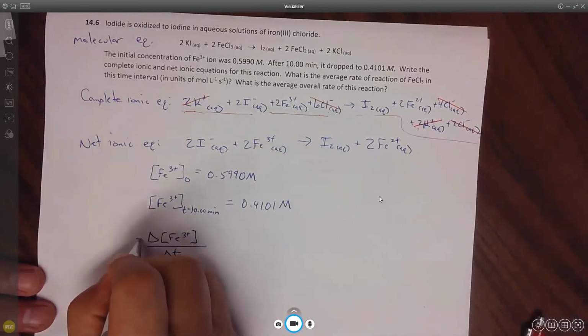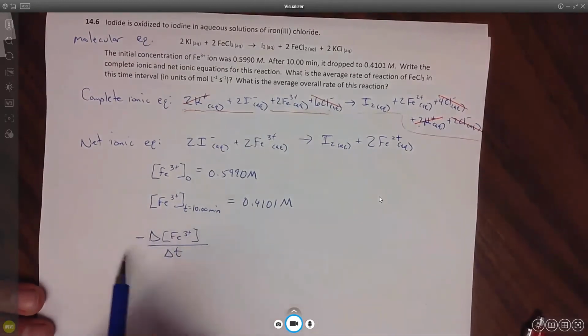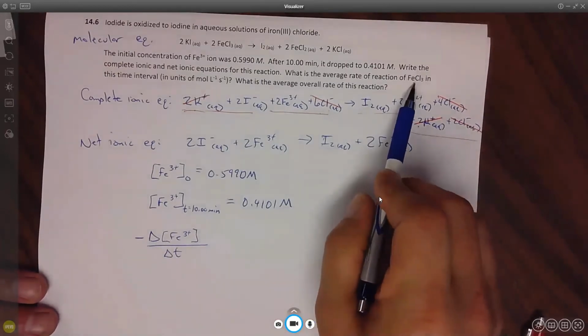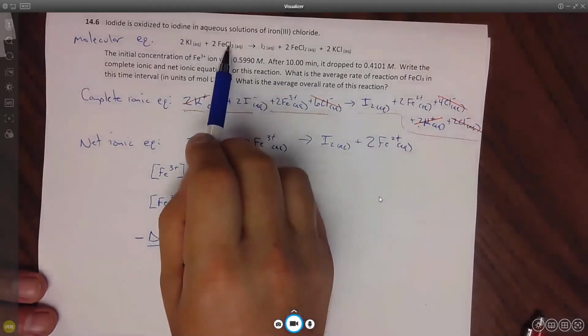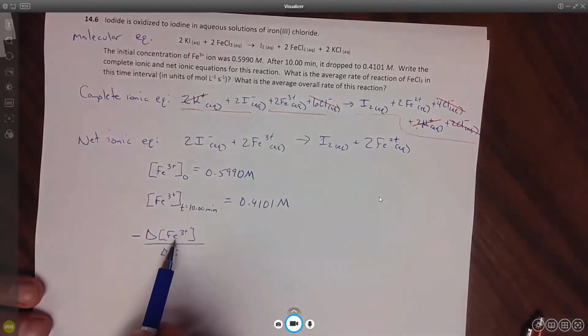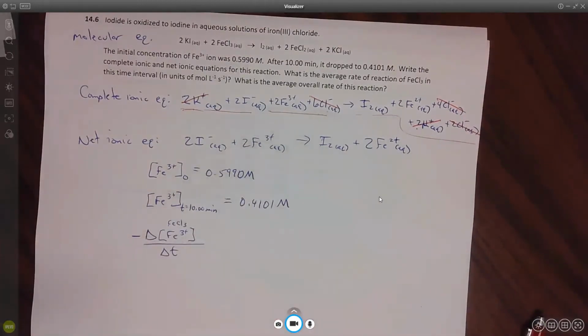So we have to put a negative sign out front. This is the average rate of reaction of iron 3 chloride. And remember, it's saying iron 3 chloride, but the iron 3 is coming from the iron 3 chloride here. So you could put iron 3 here, or iron 3 chloride here. It doesn't really matter because they mean the same thing.